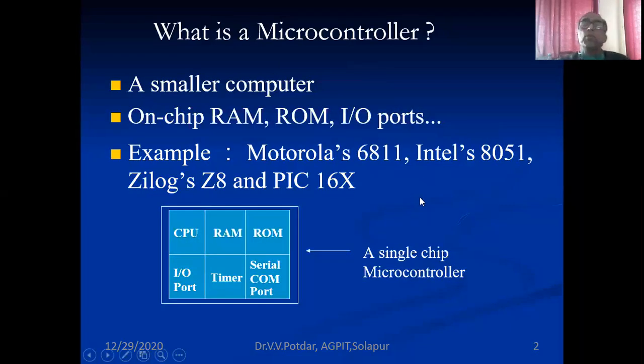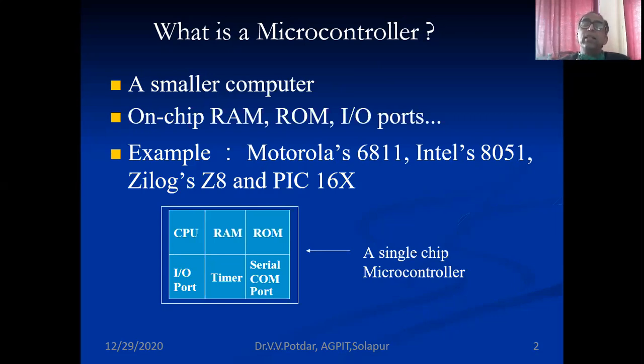So what is a microcontroller, friends? It's a small computer. On a microcontroller chip, we have RAM, ROM, and input-output ports, etc. Some examples of microcontroller series: Motorola's 6811, Intel's 8051, which we'll be studying in some detail, then Zilog's Z8 and PIC, that is PIC 16X.